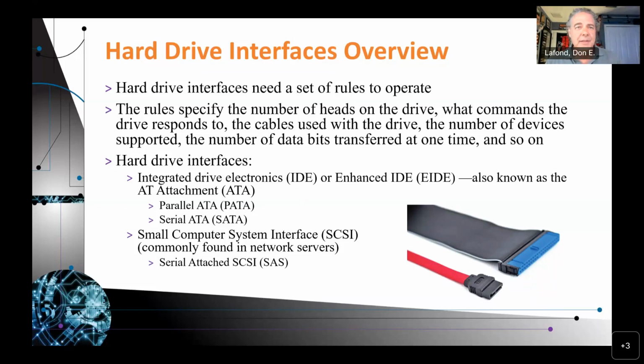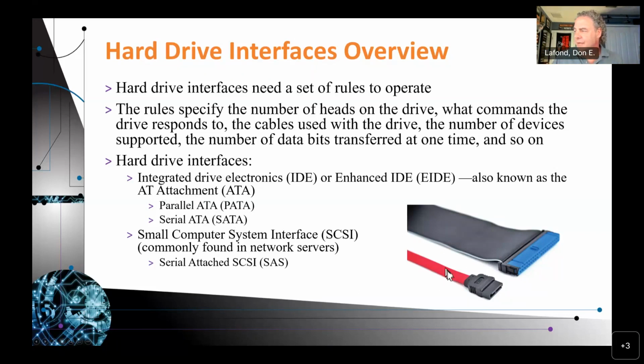So let's see, did I miss anything here? Parallel ATA cables, that's what that is right there. ATA even goes way back. ATA is a format for AT attachment, and then we have parallel and we have serial.